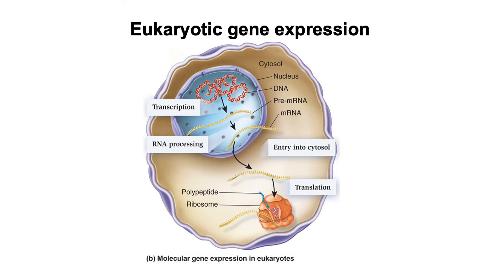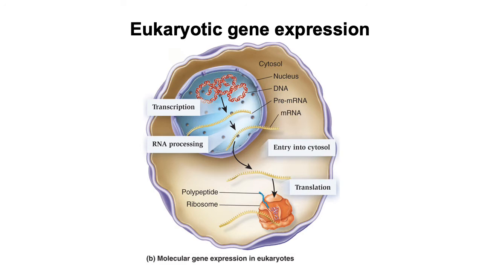And then the messenger RNA has to get transported outside the nucleus, because translation actually occurs out in the cytoplasm. And this is not the case in prokaryotes, right? Because there is no nucleus in a prokaryotic cell. So you don't have that additional step of something being transported outside the nucleus.